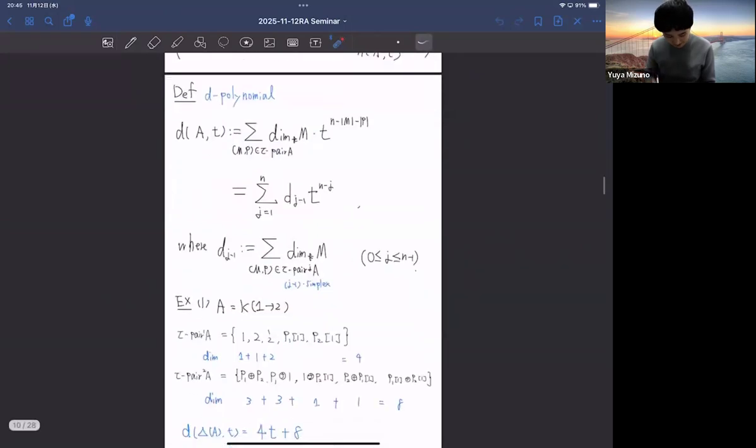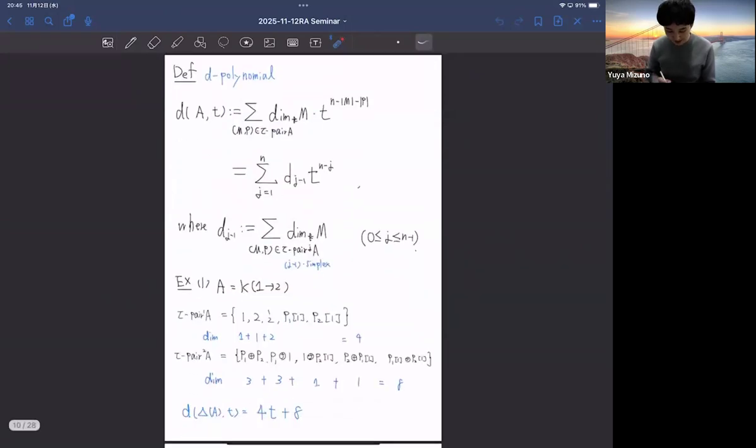So let me check this definition again. In this case, we already know tau-rigid pair 1, tau-rigid pair 2. So in this case, just check the dimension. Dimension 1, dimension 1, dimension 2. So the sum is 4.